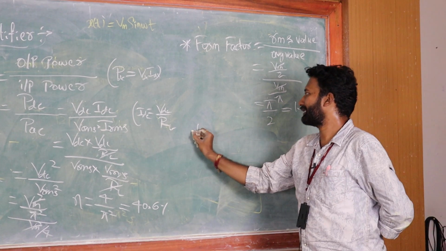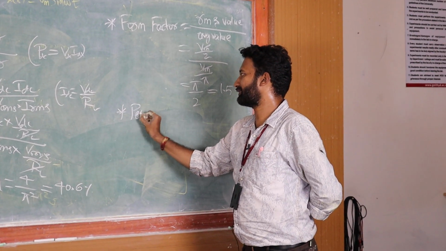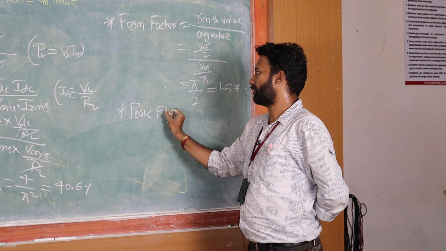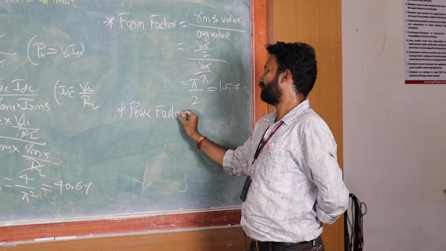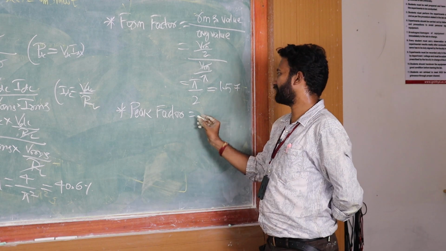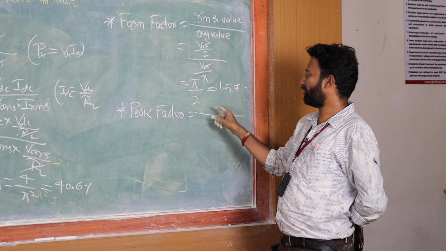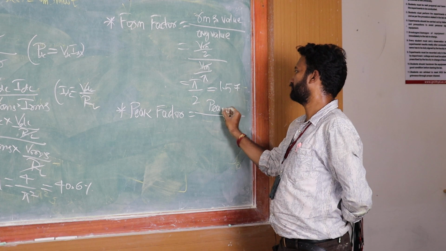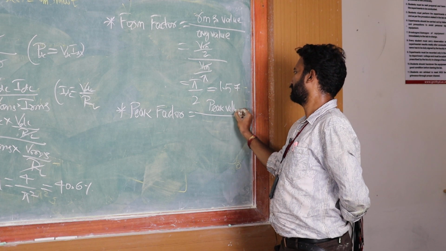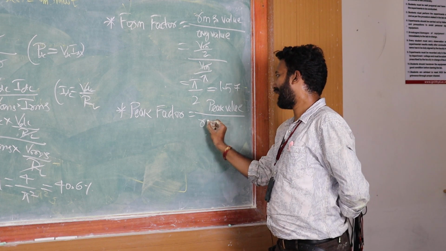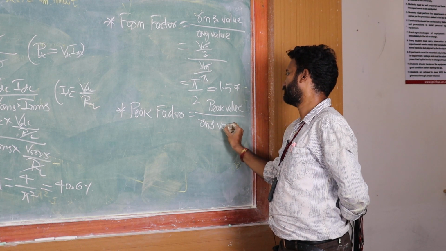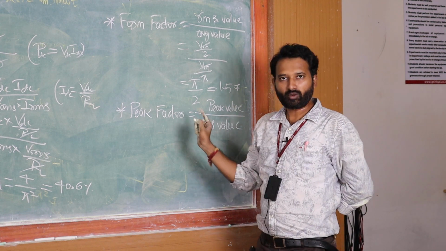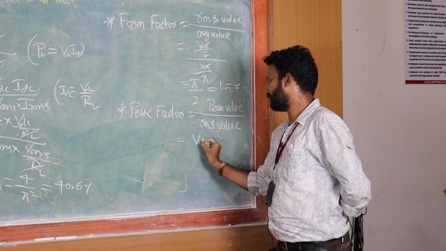Now next, let us calculate the peak factor for the half-wave rectifier. Peak factor is defined as the ratio of peak value divided by RMS value. Now my peak value is Vm.